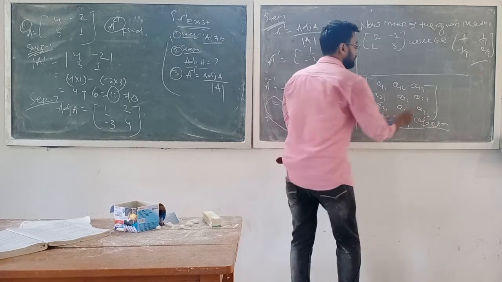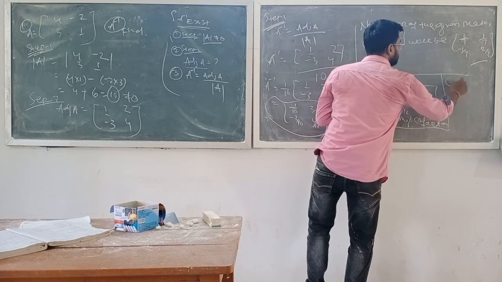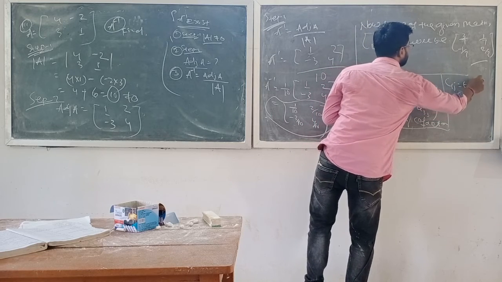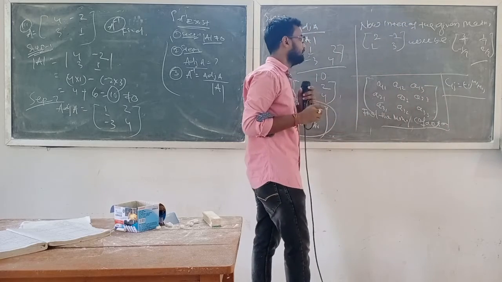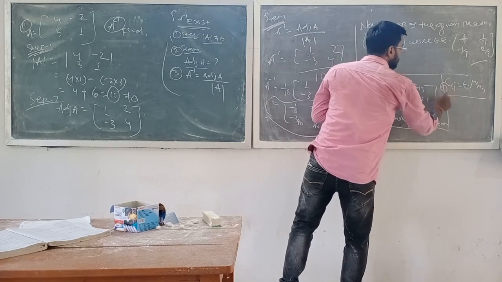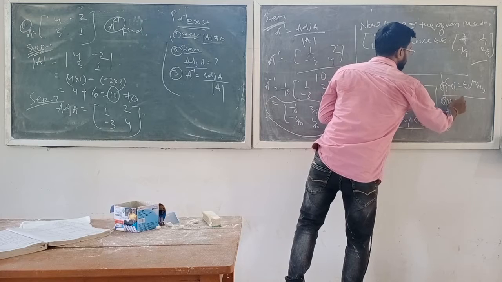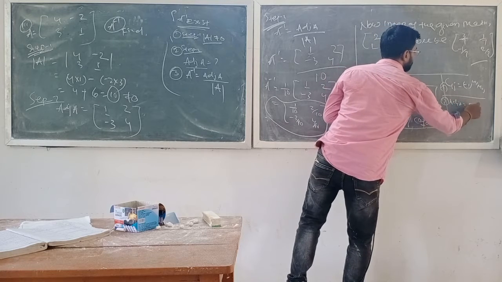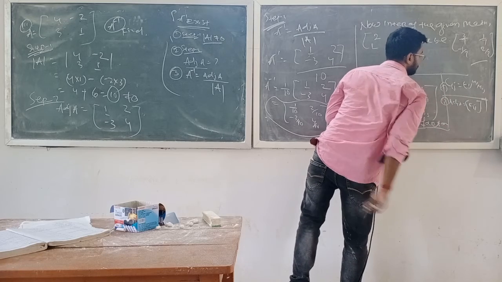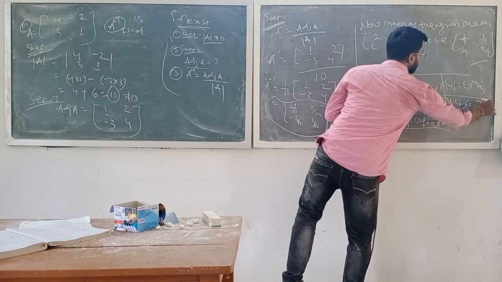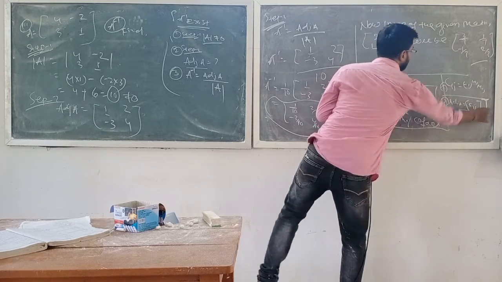Cofactor Cij is equal to minus 1 to the power i plus j into Mij. This is the process to find out the cofactor. Then second step, you find the adjoint of A, as the transpose of Cij. This is the adjoint of the matrix.